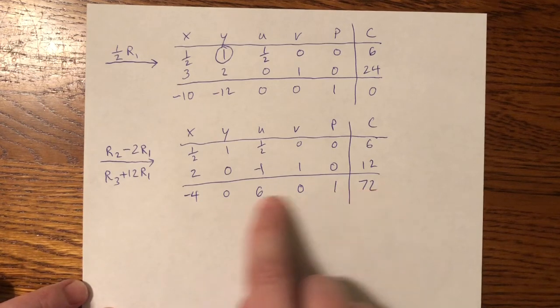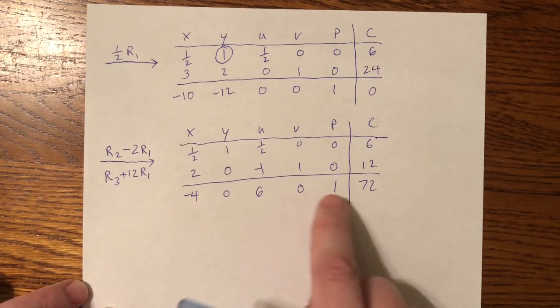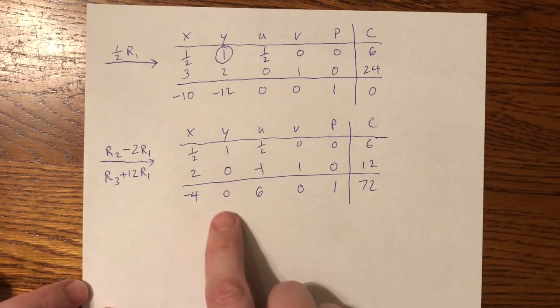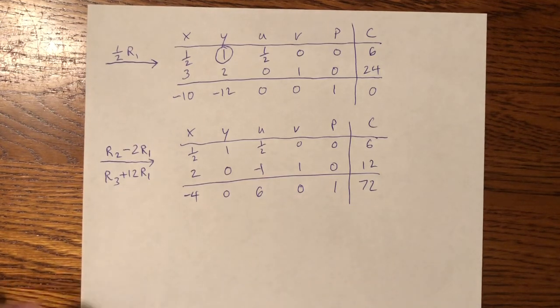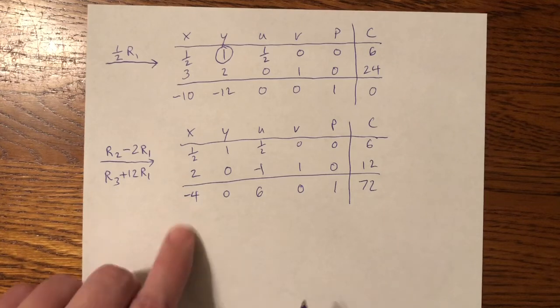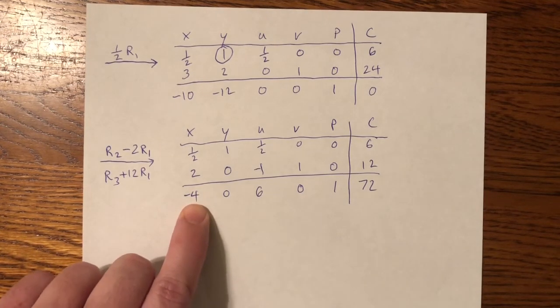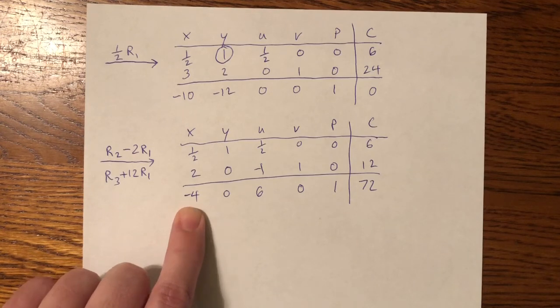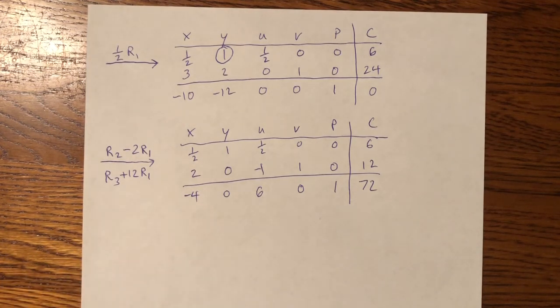As soon as our last row has all numerical values that are non-negative, which would be a 0 or a positive value, then you're finished with this process. In this case, you can see that we're not finished with this process because we still have a negative value. That means we have to go through this algorithmic process of the simplex method one more time. So let's see how to do that.